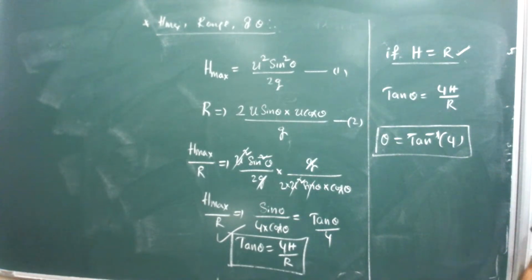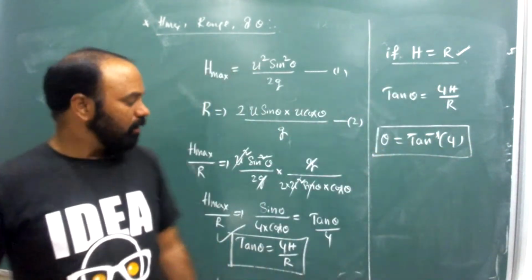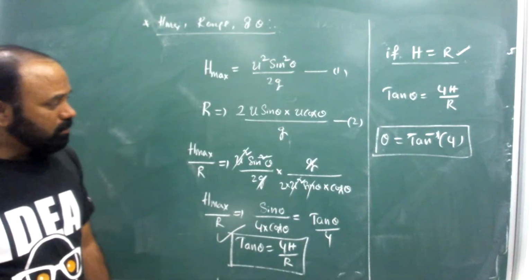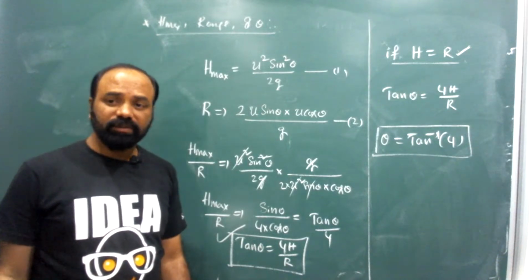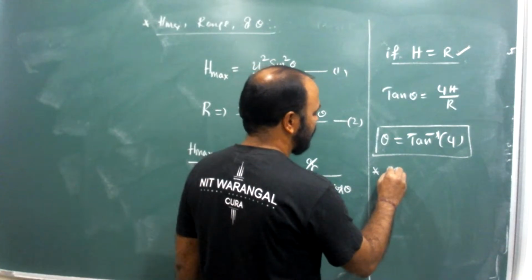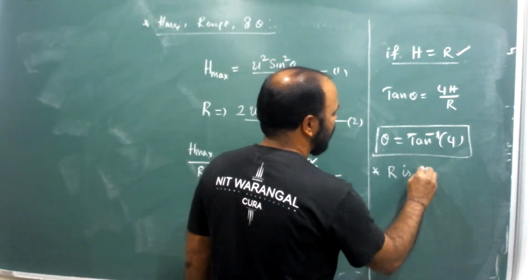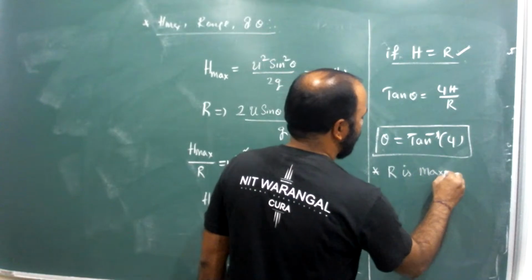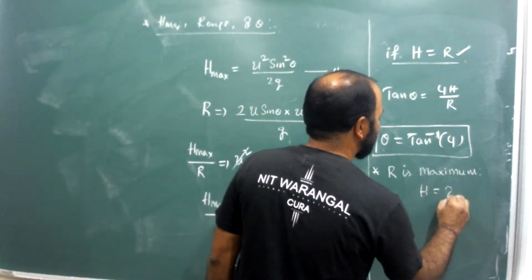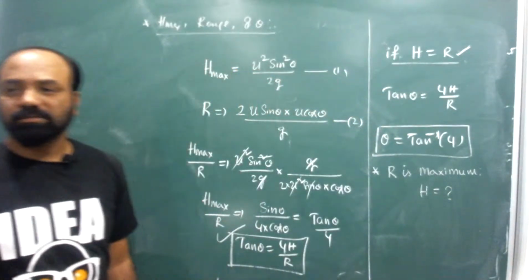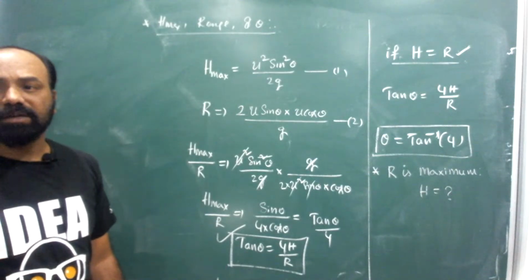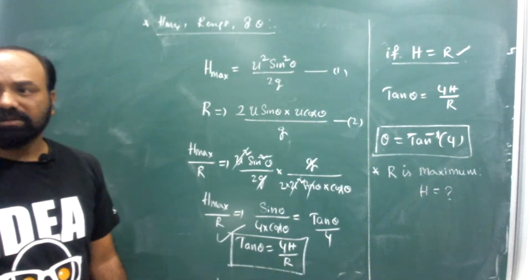Okay, so this is a relation for the angle of projection. Sometimes they will give that the range is maximum, then they ask about the maximum height. R is maximum means the formula is u square by g.